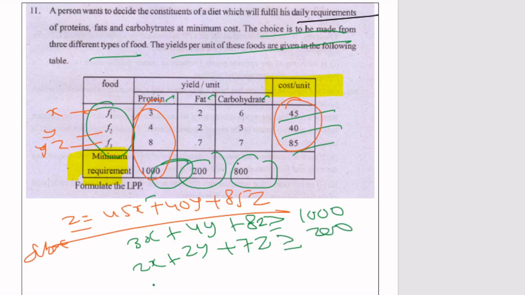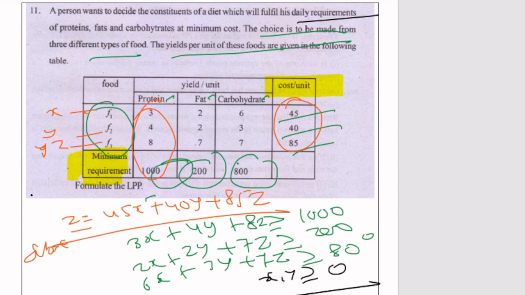Next for carbohydrate, 6x plus 3y plus 7z greater than or equal to 800. And last but not least, x, y greater than or equal to 0. So you have to minimize the cost equation using these constraints.